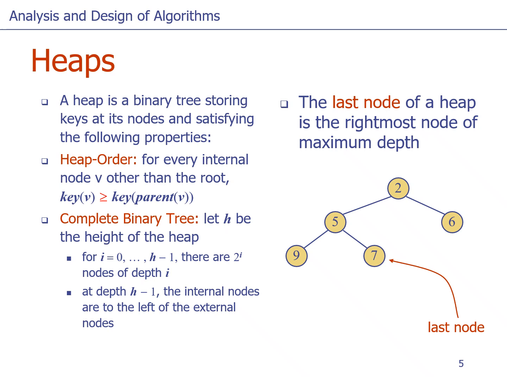So this is not a binary search tree, obviously, it's something else. The values are listed so that a node that is inserted is always going to be bigger than its parent.